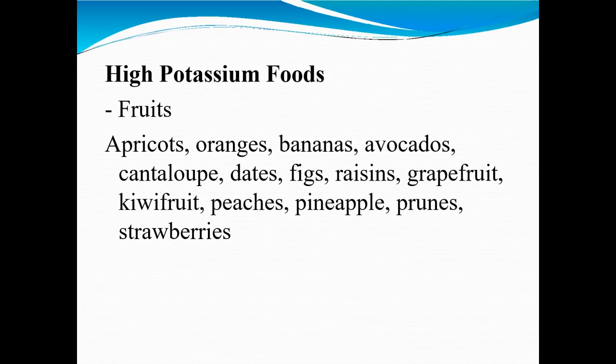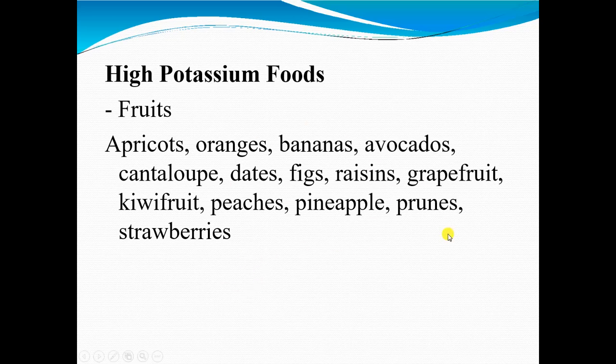There are some fruits which contain an abundant quantity of potassium: apricot, orange, bananas, avocados, cantaloupe, dates, figs, raisins, grapefruit, kiwi fruit, peaches, pineapple, prunes, and strawberry.